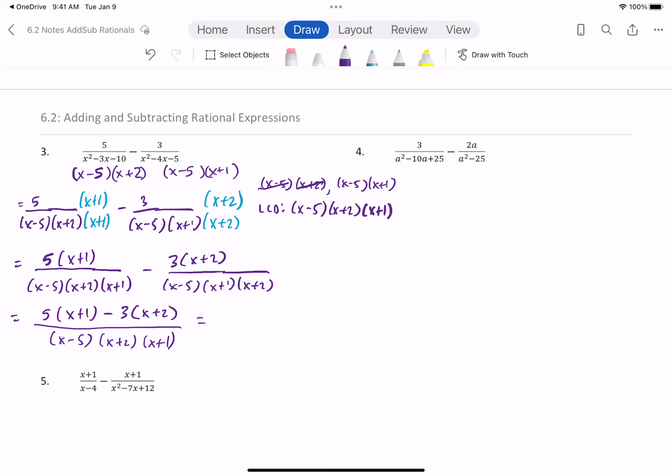We have to be more careful with subtraction because, of course, when I distribute a negative, then that's going to change the signs of everything behind that sign. So if I simplify this now, I'm going to get 5 times x is 5x, and 5 times 1 is 5, minus 3 times x, and that's minus 3 times 2 is minus 6, all over that common denominator.